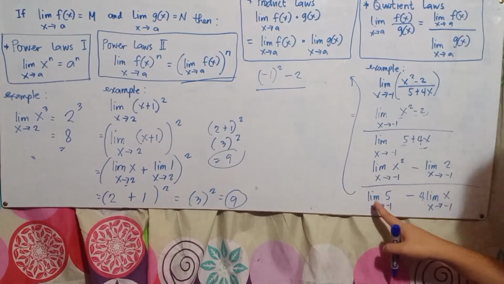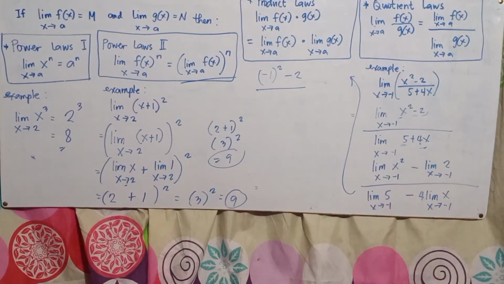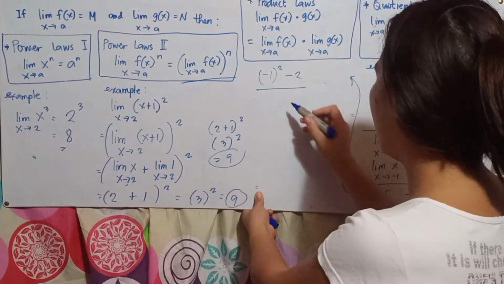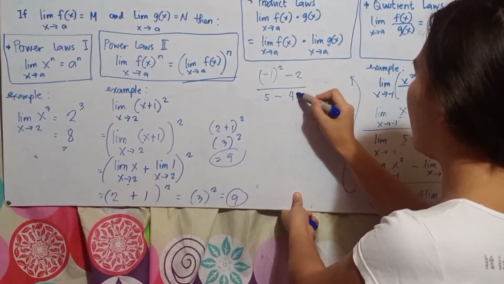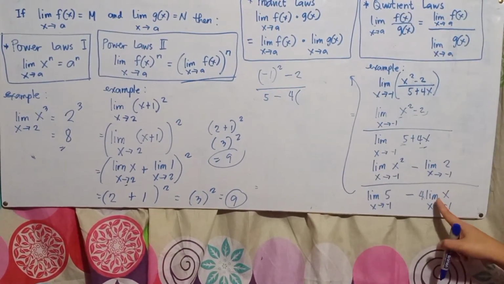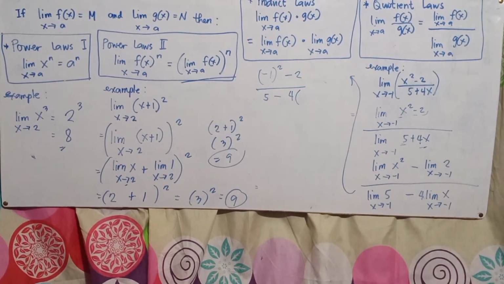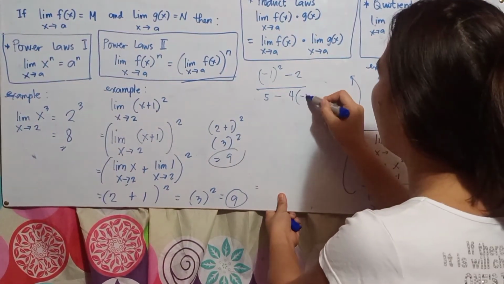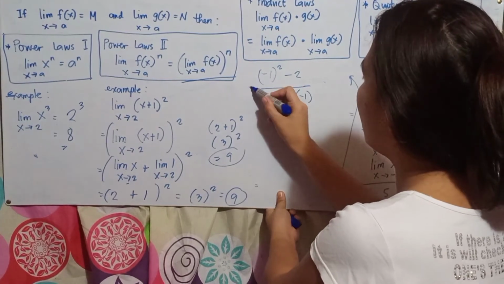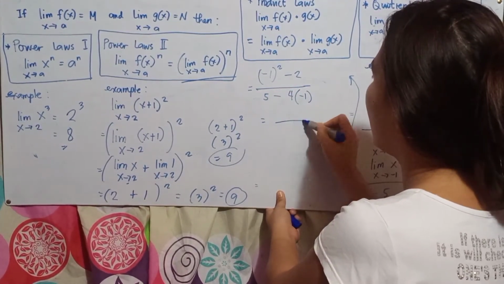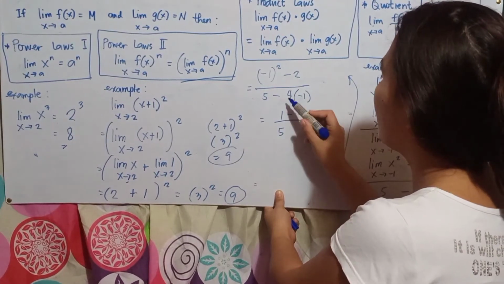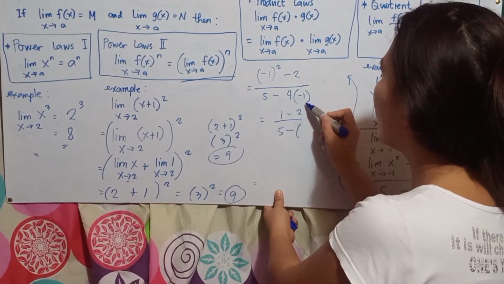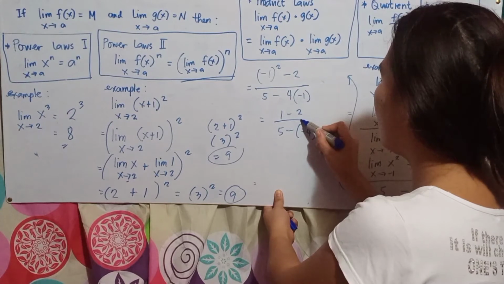Sa denominator, limit of 5 as x approaches to negative 1 is 5, minus 4 times limit of x as x approaches to negative 1, so negative 1. So, magiging negative 1 squared is positive 1 minus 2, 5 minus 4 times negative 1 is negative 4.